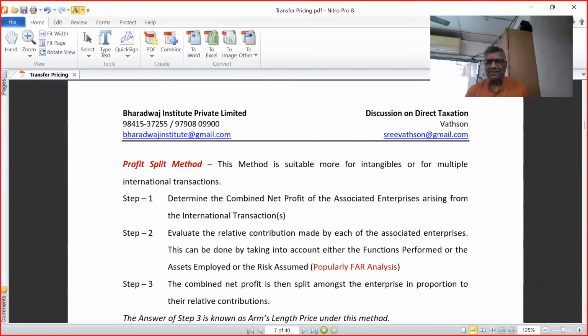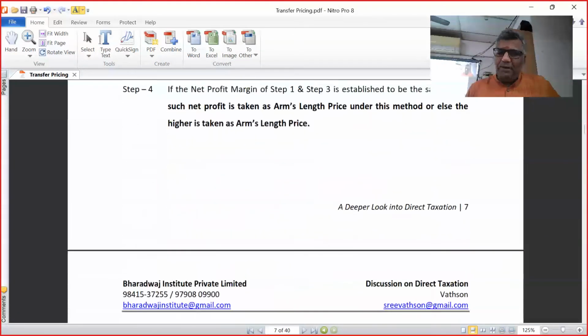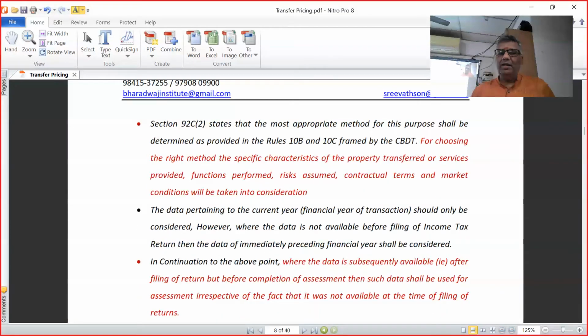Information availability will be more important for determining the method. For choosing the right method, look at the specific character of the property transfer.